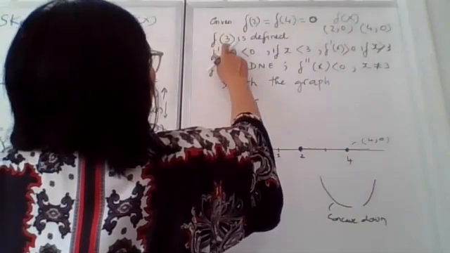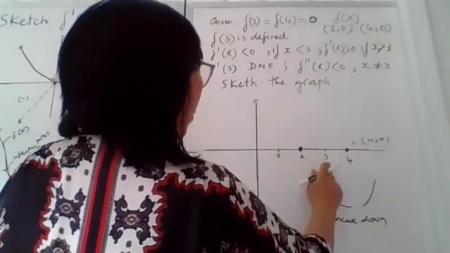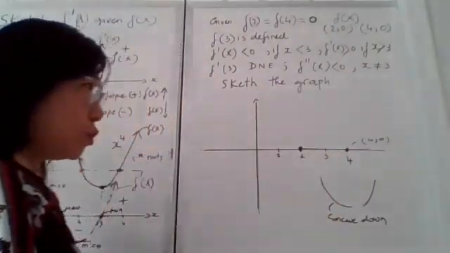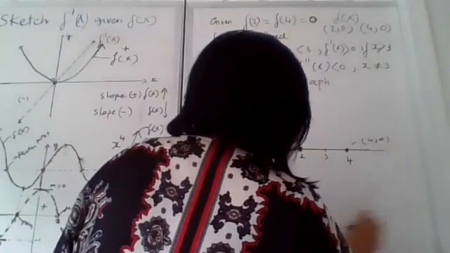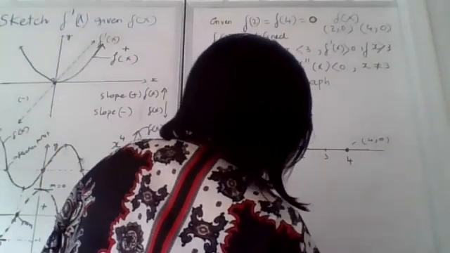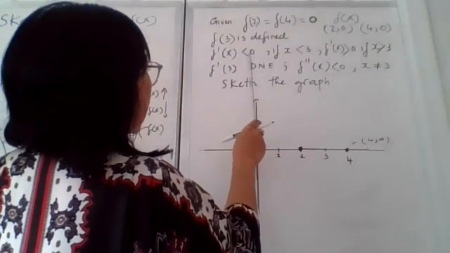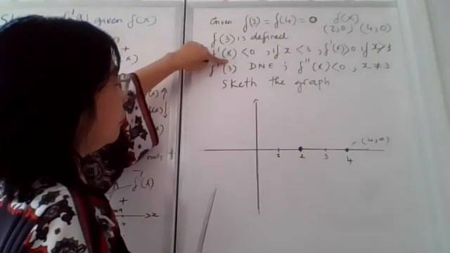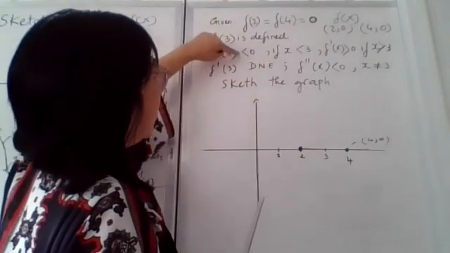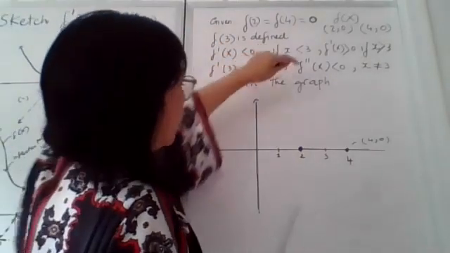They say that f of 3 is defined. So we know that at x equals 3 our function will exist. But how it exists, we don't know, right? We have to read more of the information and see. So it says f of 3 is defined, and f prime of x less than 0, which is our derivative function, which is the slope of our function, will be negative if x less than 3.